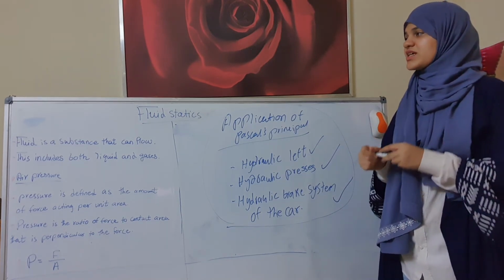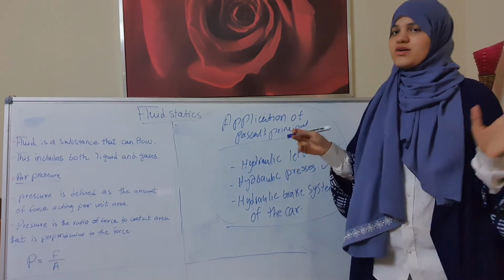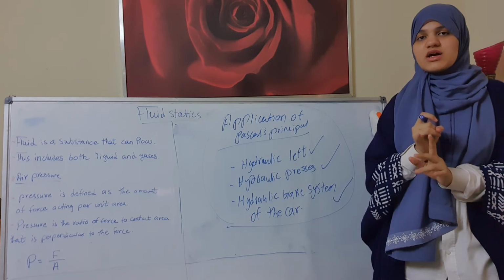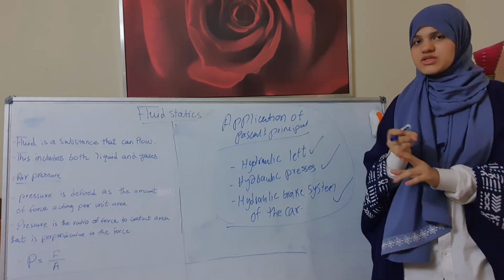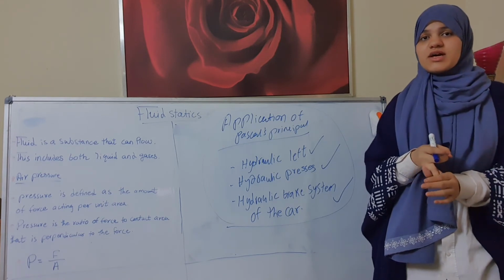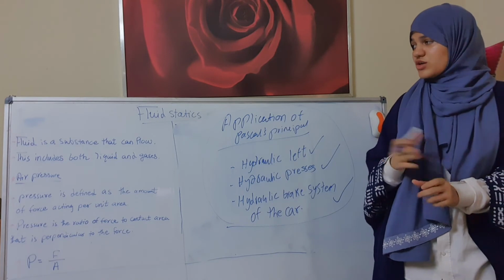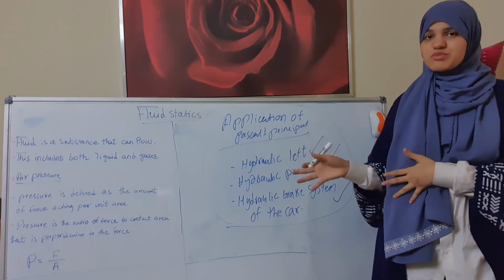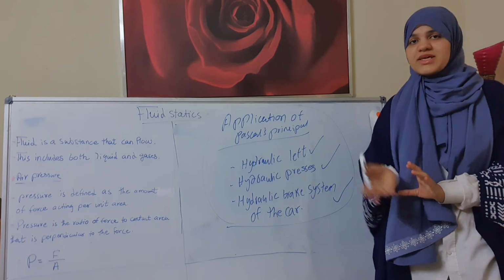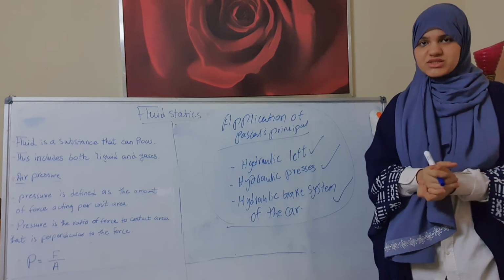So that was everything about today's topic, fluid statics. First of all, atmospheric pressure or fluid pressure, then the fluid density, and also Pascal's principle. In the second video, inshallah, we are going to cover the total pressure.